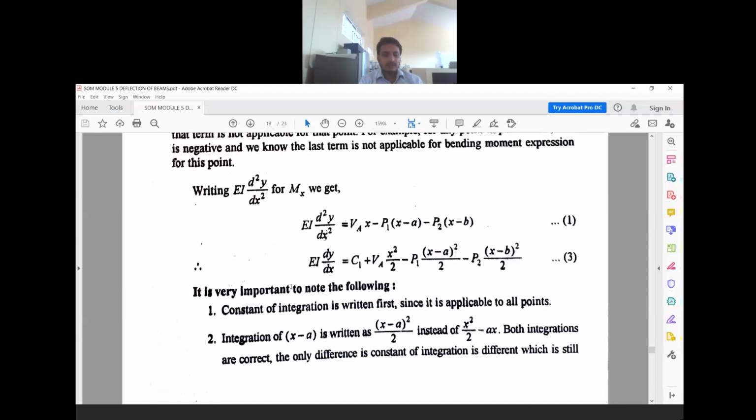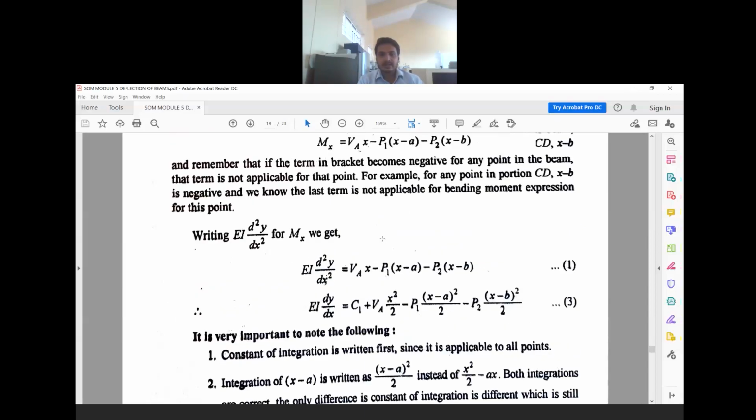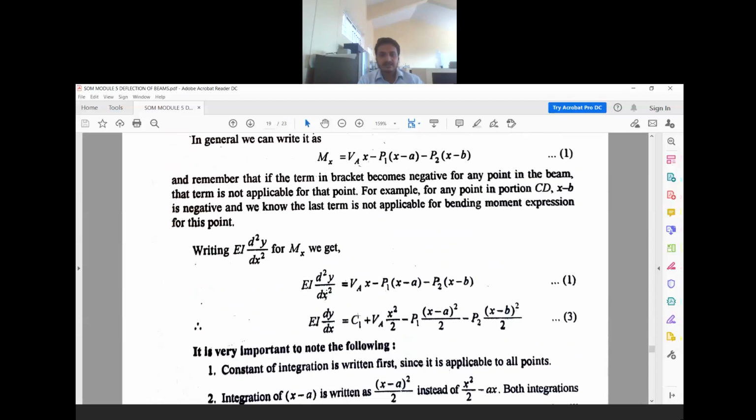So, writing the differential equation of the deflection, which is EI d square y by dx square is equal to Mx. So, in place of Mx, you write the general equation, which is VA x minus P1 into x minus a minus P2 into x minus b. So from here we will perform the double integration method, right?